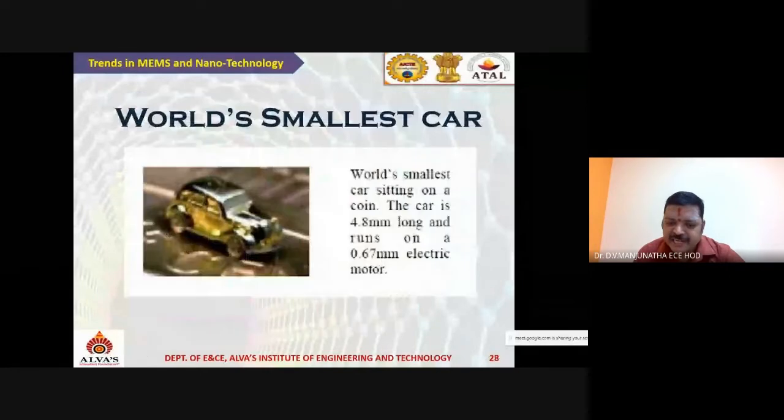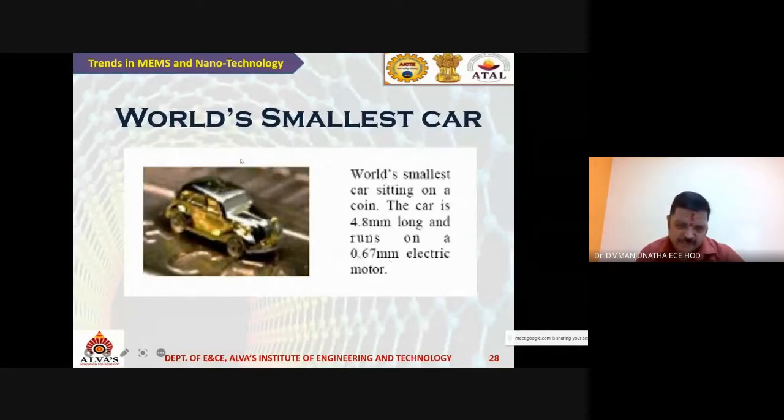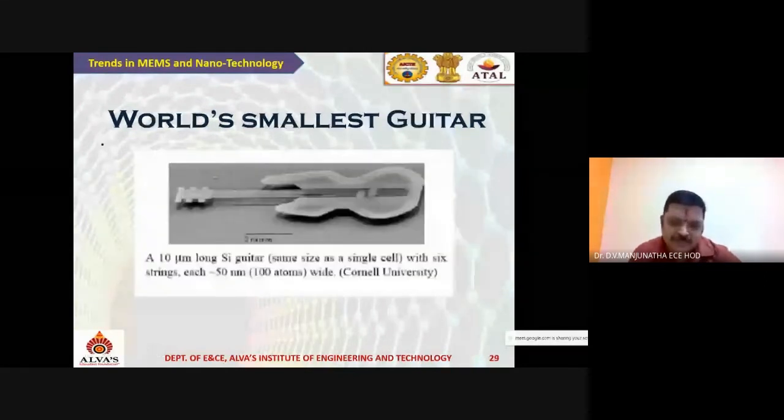Next, we'll move on to the world's smallest car sitting on a coin, right? The car is 4.8 millimeter long and runs on a 0.67 millimeter electric motor, right? So this is the smallest car in the world. The smallest guitar, so even musical systems are covered, right? So this is the example.